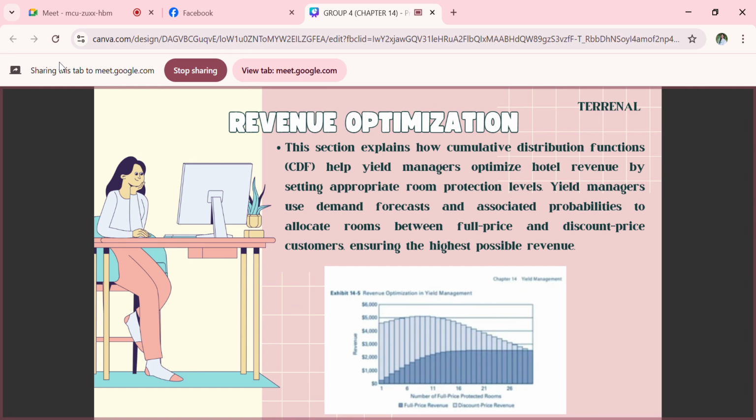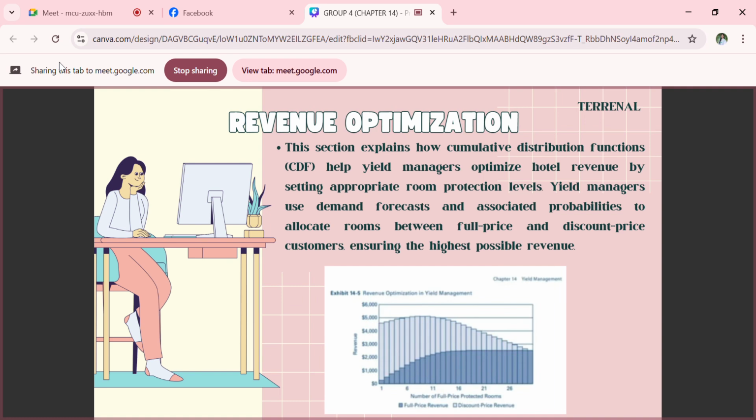So, this approach ensures that the hotel maximizes revenue by balancing the risk and reward. If the probability of selling a full price room is low, selling at a discount becomes a safer option.